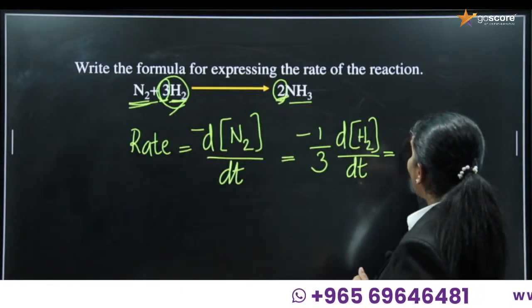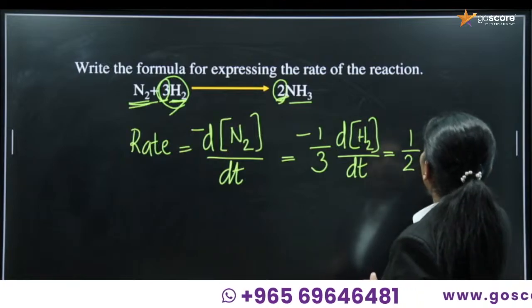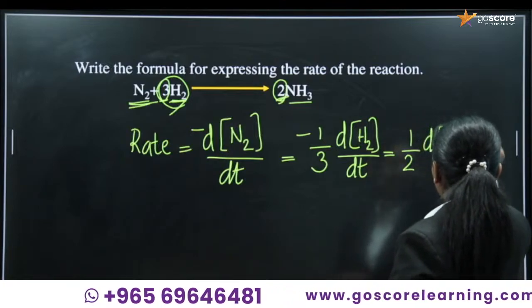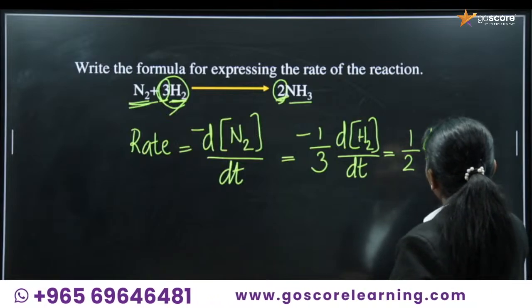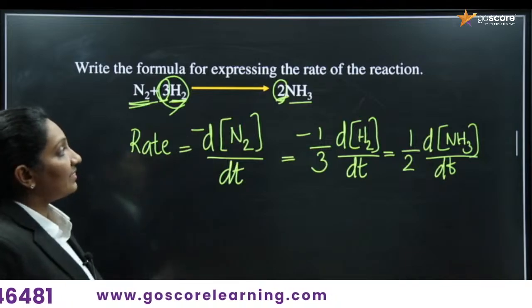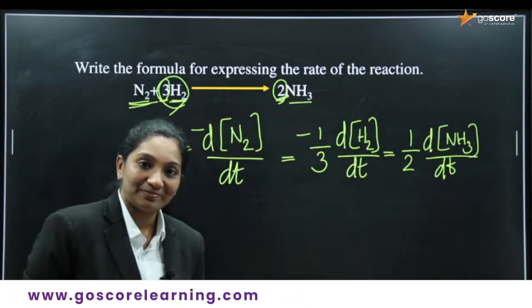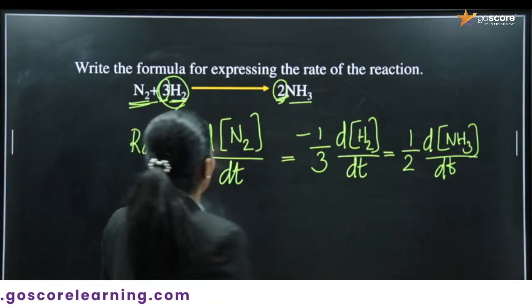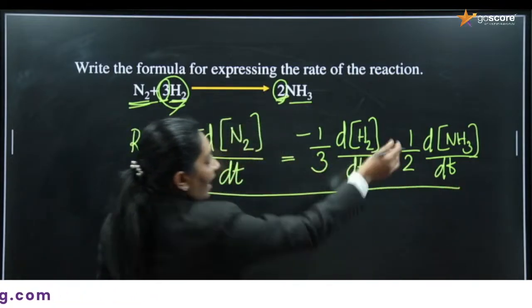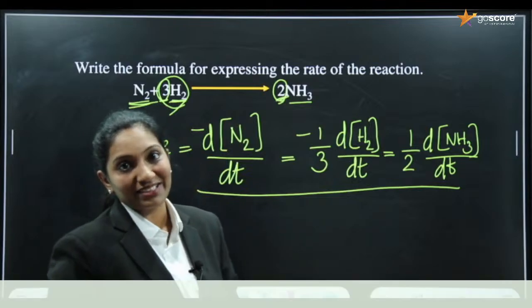So we can write it as 1 by 2 d[NH3] by dt. See how simple it is. This is the way of expressing the rate of that reaction. Clear? We can express the rate of reaction both in terms of reactant as well as in terms of product.